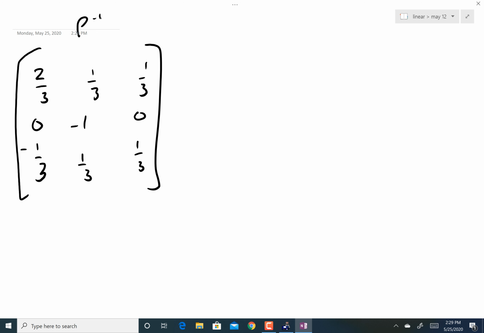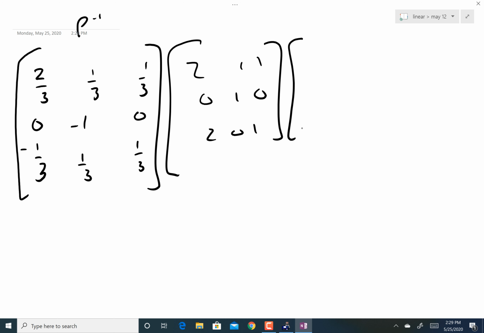So this is obviously P inverse. A is 2, 1, 1, 0, 1, 0, and 2, 0, 1. And then P is 1, 0, 1, 0, negative 1, 1, and negative 1, 0, 2.